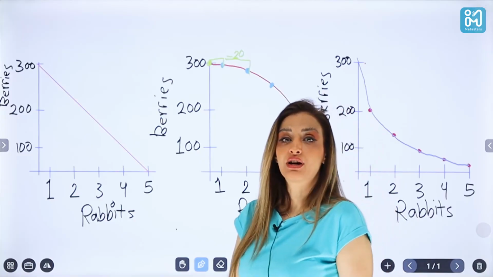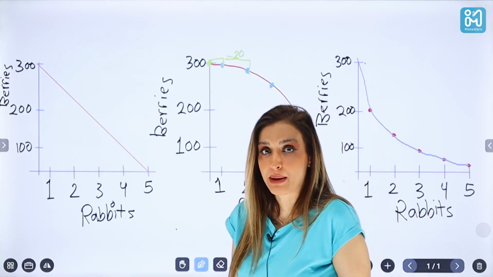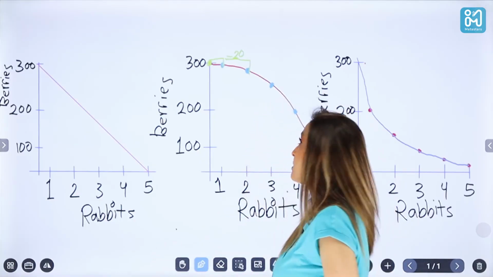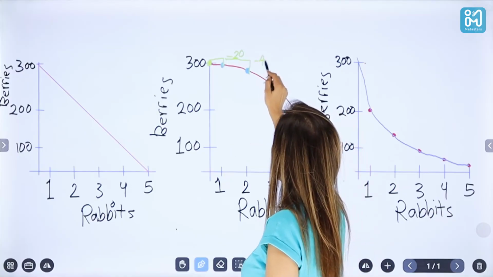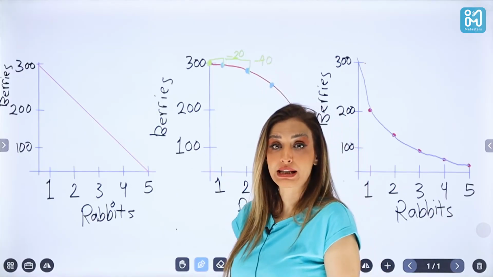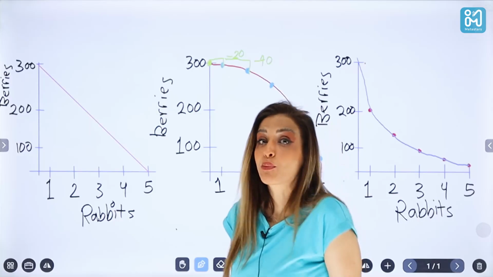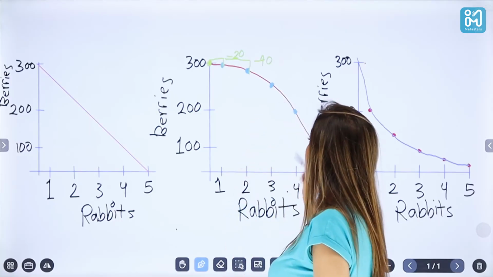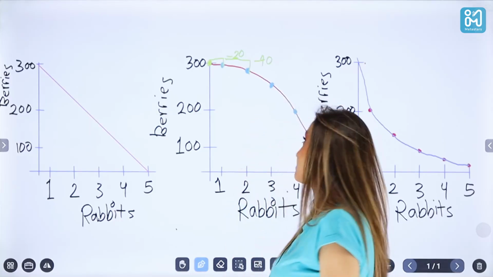As you can see here, I sacrificed more of my berries in order to catch 2 rabbits. So here I will give up 40 berries. That's my opportunity cost. Then you decide to catch 3 rabbits.